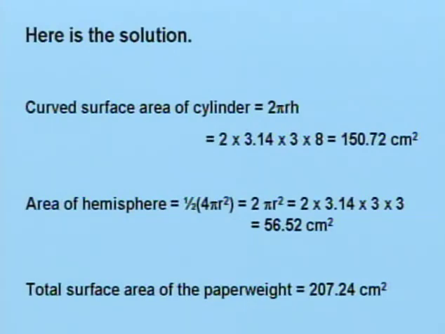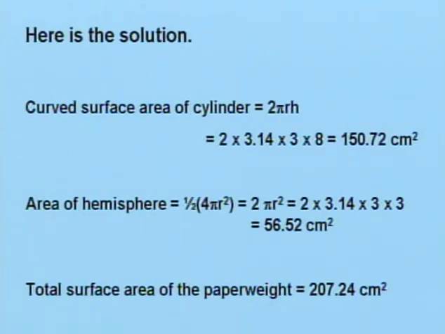The curved surface area of the cylinder is given by the formula 2 pi RH, which is equal to 2, and here we are told to use pi as 3.14. So it is 2 times 3.14 times 3 times 8, which is equal to 150.72 centimeters squared.